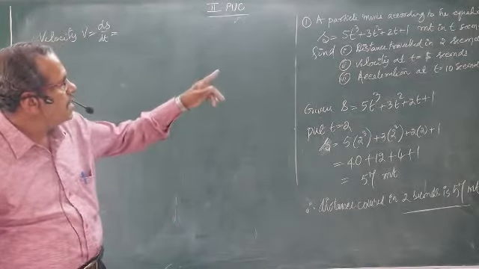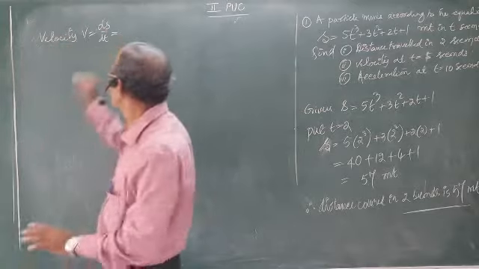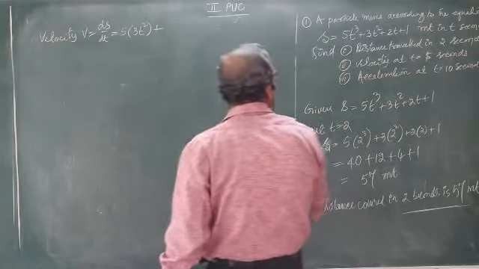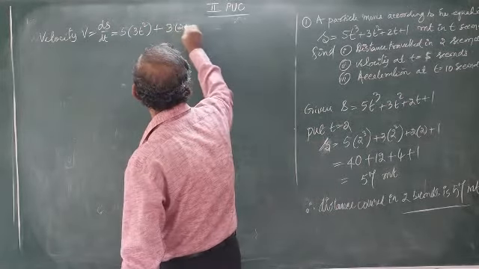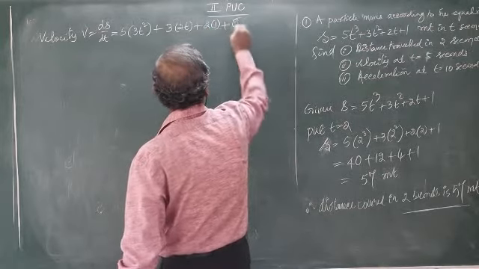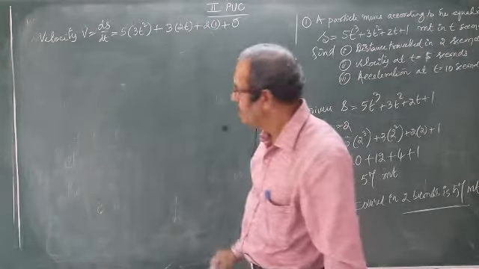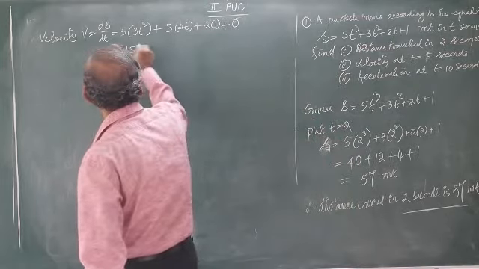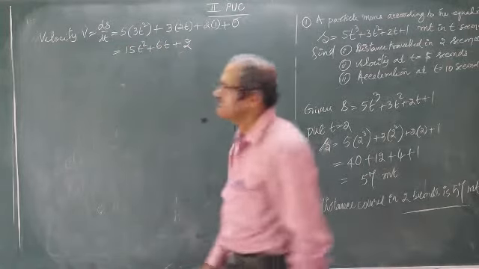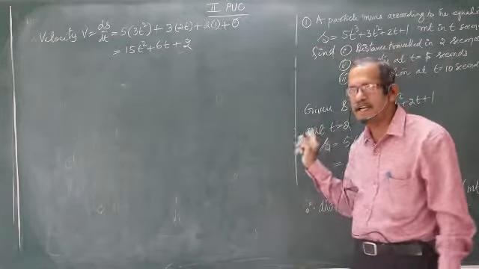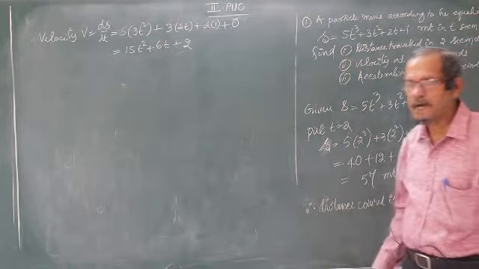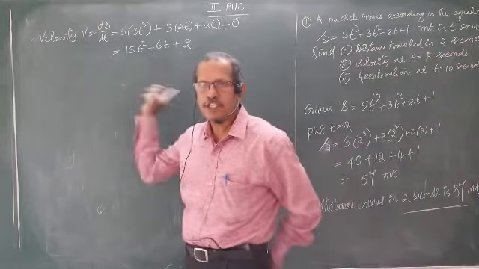Find the derivative. 5 into 3t square, 3 into 2t, 2 into 1. Derivative of 1 is 0. Derivative: 15t square minus 6t plus 2. This is the equation for the velocity at any time t. Remember, velocity of the particle at any time t is given by this.